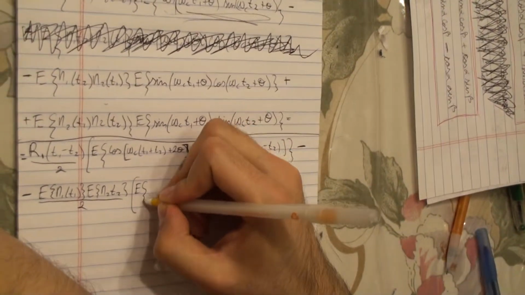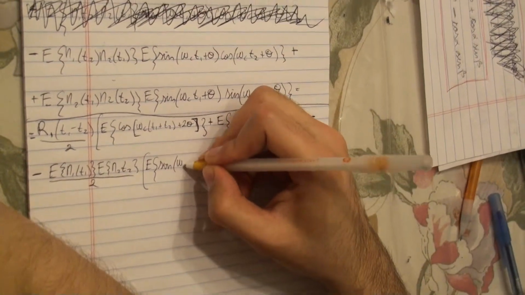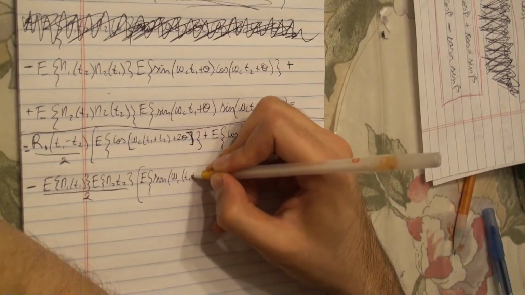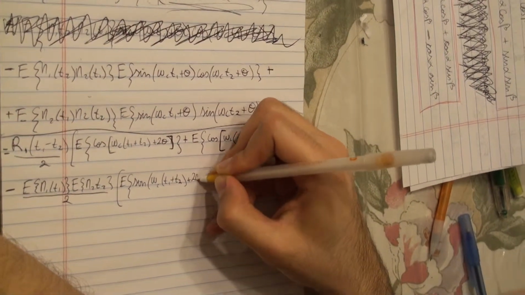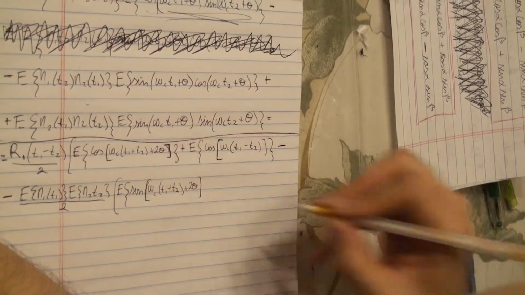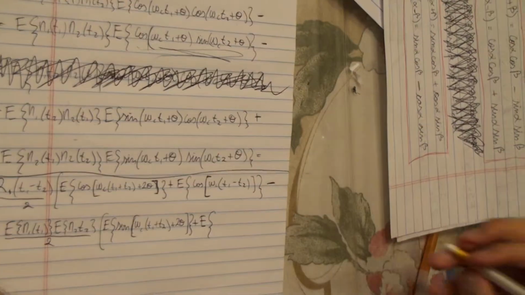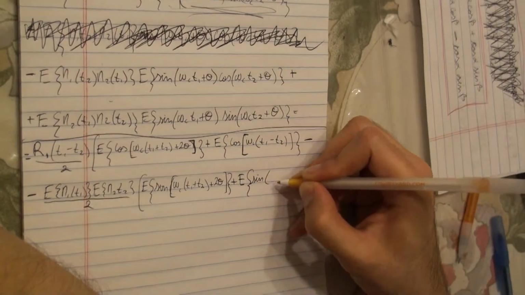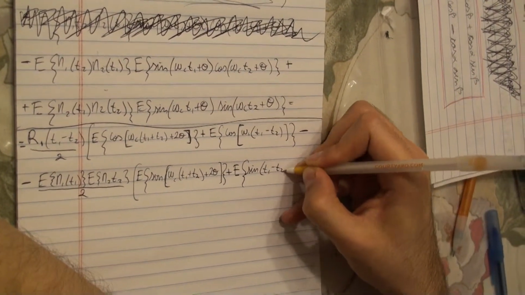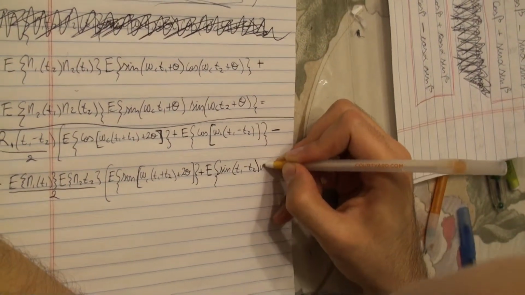expected value of sine of the sum, omega c t1 plus t2, plus, we have our thetas adding, plus expected value of, this should be sine of the difference, so we get t1 minus t2. Oh, I forgot my omega c.